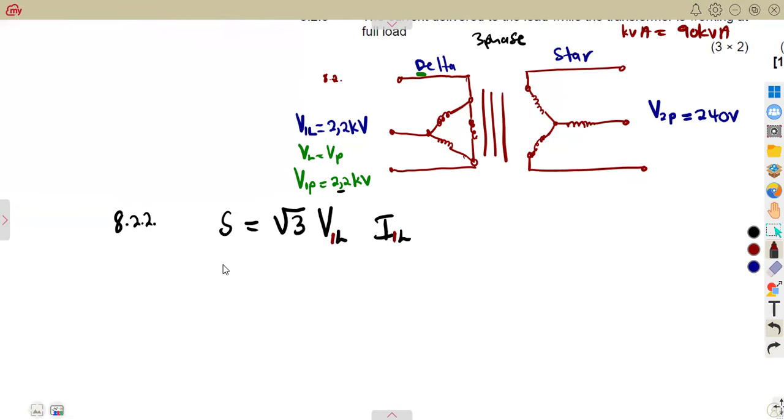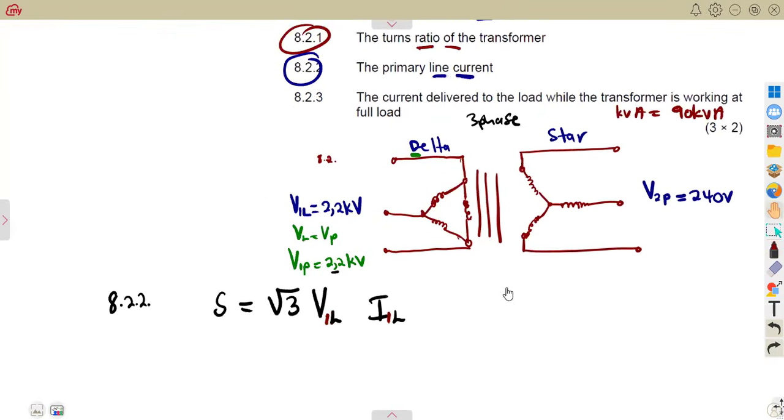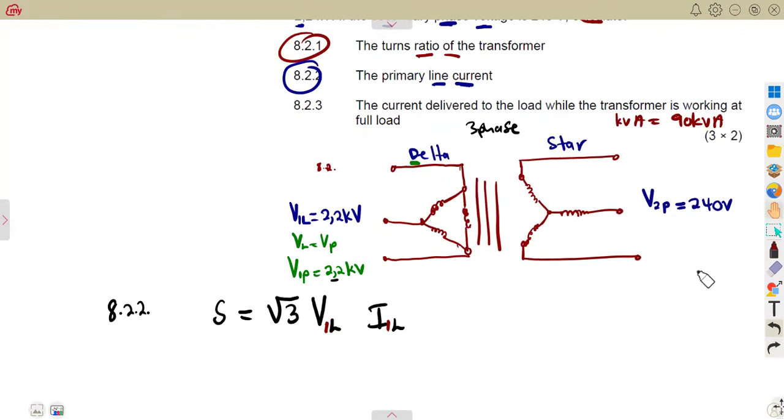Remember the rating. On a single phase, you do not have this; it was a single phase. Now it's a three-phase, guys: square root of 3. Remember your apparent power. This is just to calculate the primary line current, which is what we need.